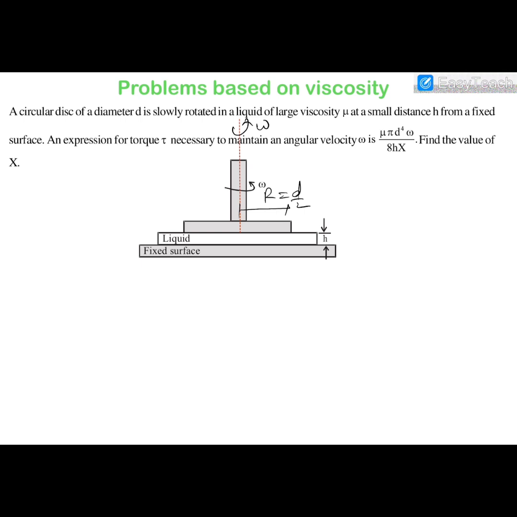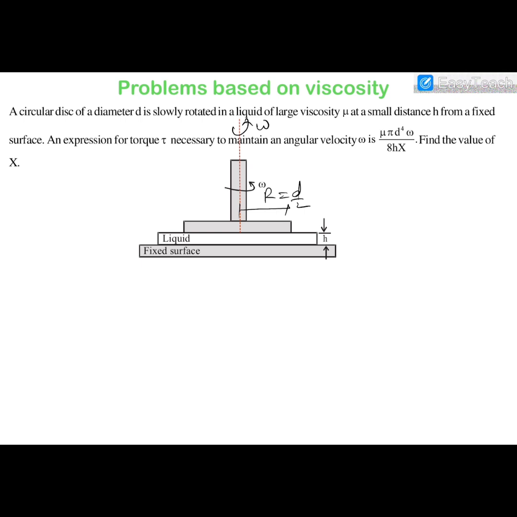So we know that the viscous force applied by the liquid on the disk will retard it, and there will be a retarding torque produced by the viscous force on the disk. So if we apply some equal and opposite torque on the disk, then the disk will keep on rotating with a constant angular velocity.